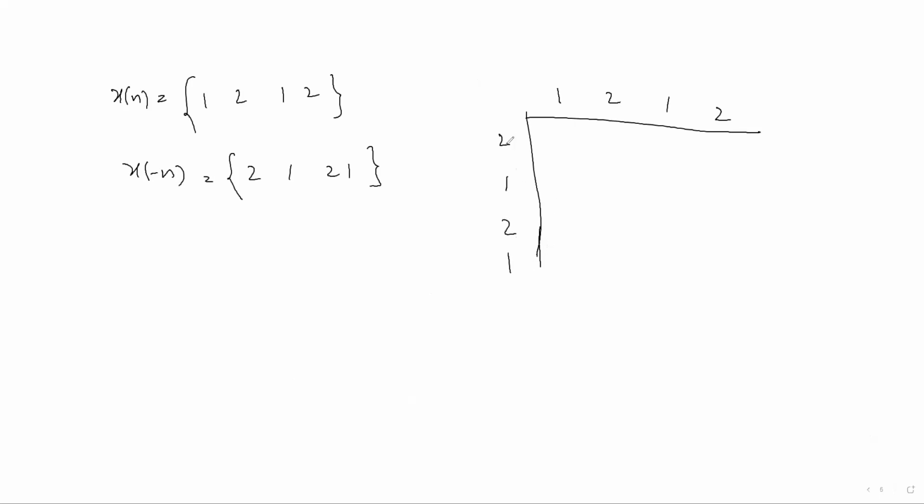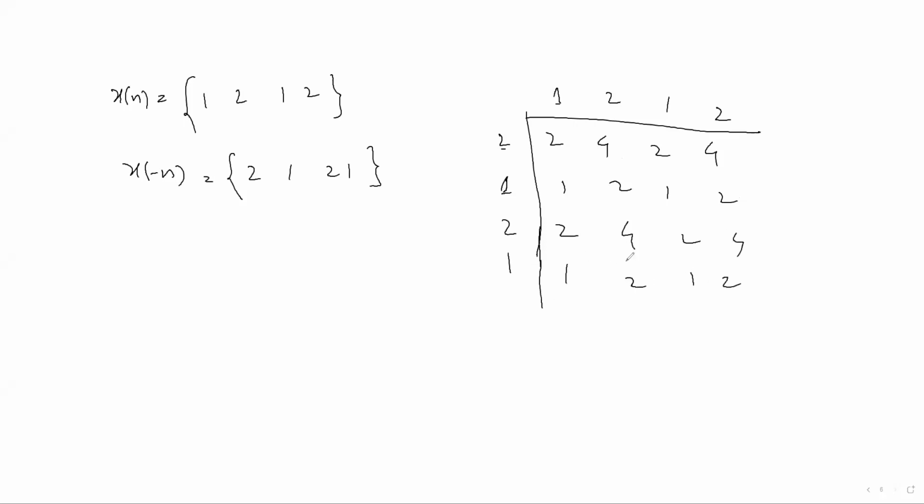Then you have to multiply these two, the upper one first. 2 into 1 means 2, 2 into 2 means 4, 2 into 1, 2, 2 into 2, 4. Again, when you multiply 1 with the column values, 1 into 1, 1, 1 into 2, 2, 1 into 1, 1, 1 into 2, 2. Like 2, 4, 2, 4, 1, 2, 1, 2.